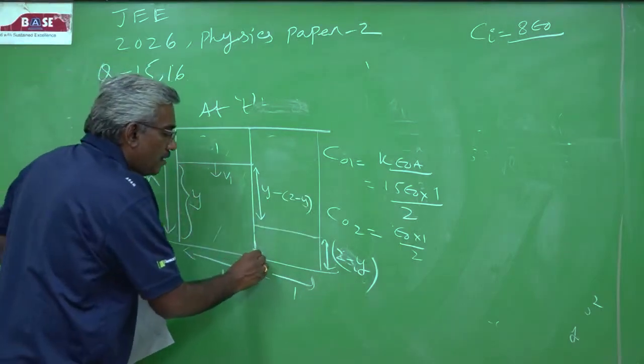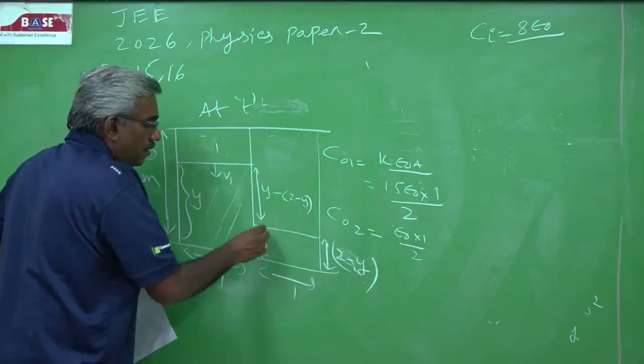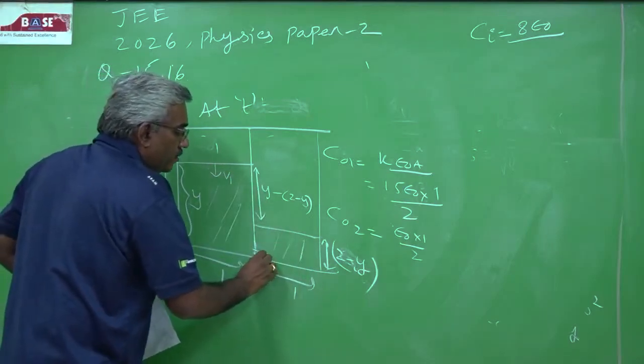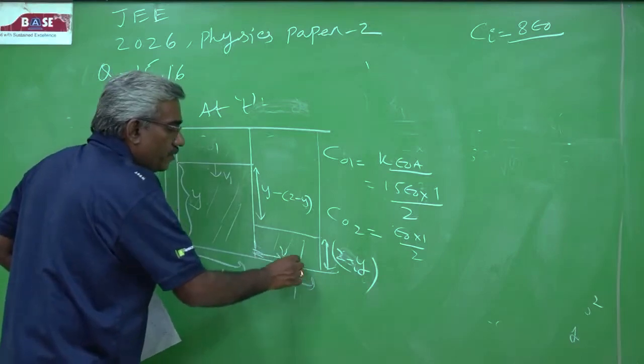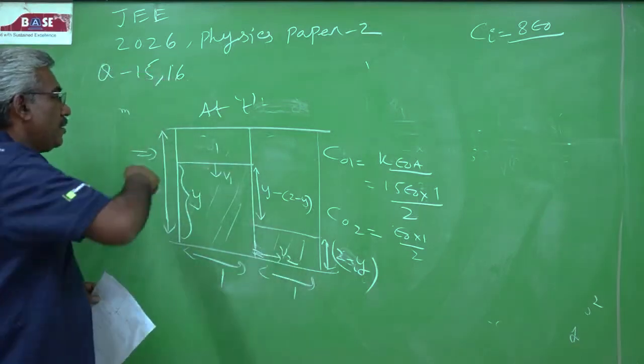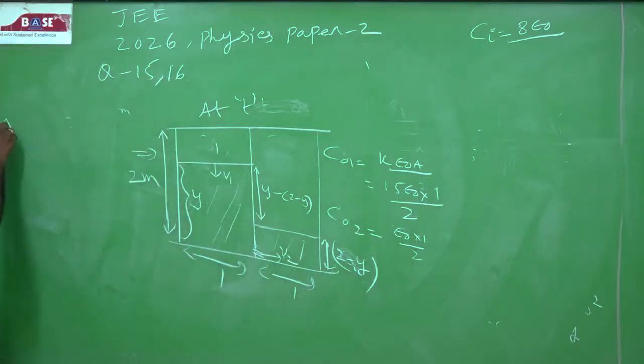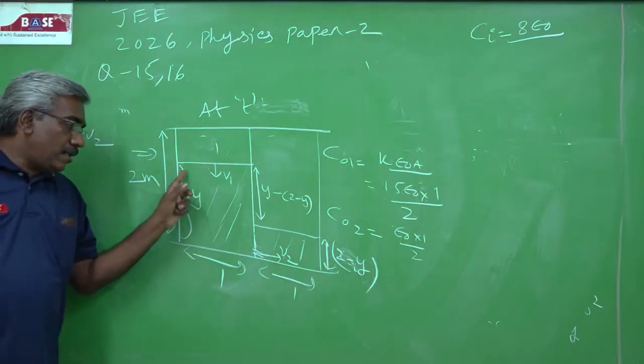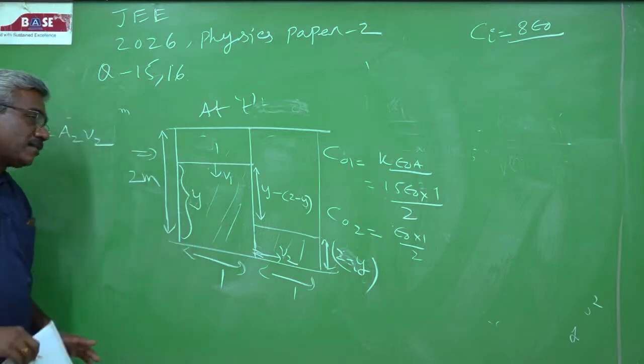So the liquid is leaking, the level is dropping here, and the liquid level is rising here. So here the velocity of efflux is v2. Here we can write A1 V1 is equal to A2 V2. V1 is nothing but dy by dt, with a minus sign.